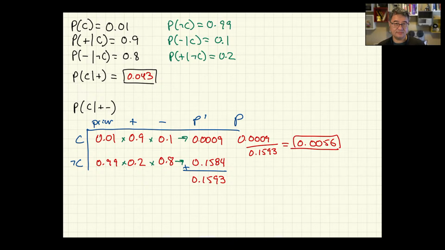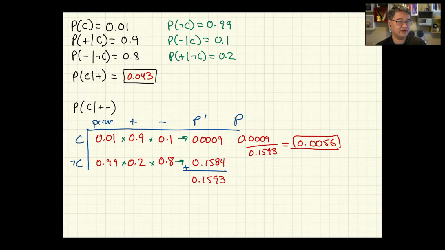Wow. What do you think about that number? My first thought is I'm curious if it's higher or lower than if we just got one negative test back in the first place.